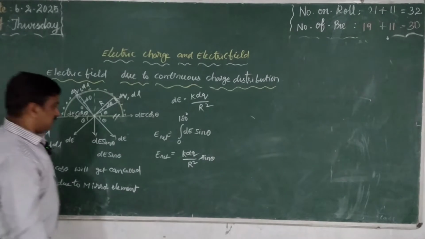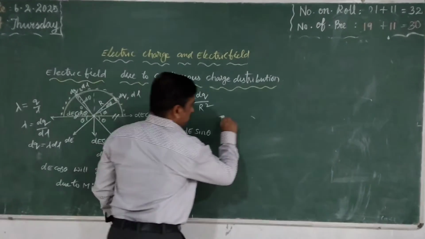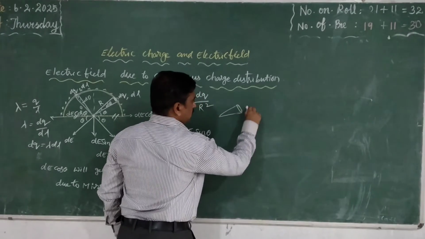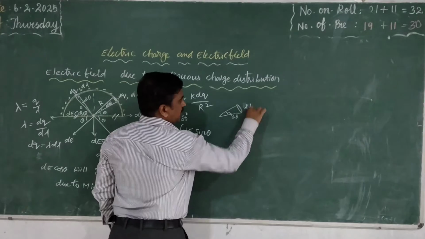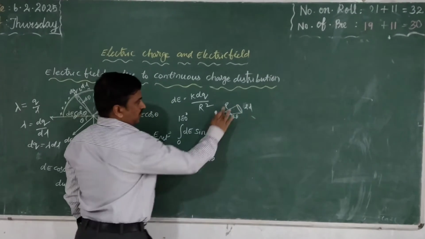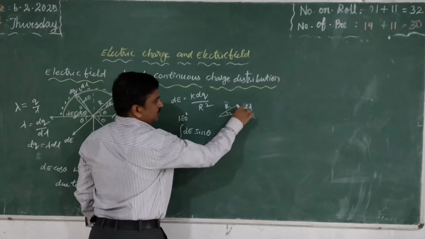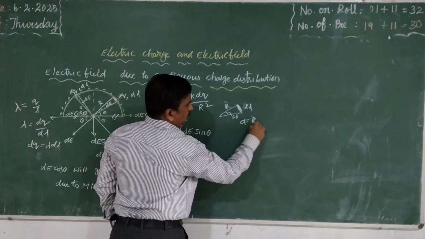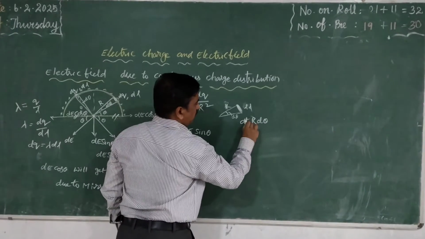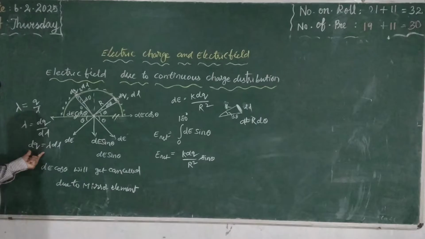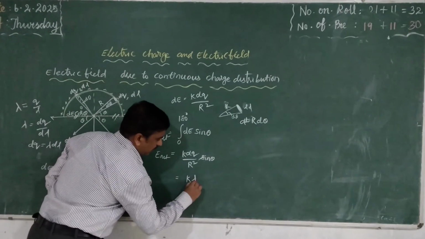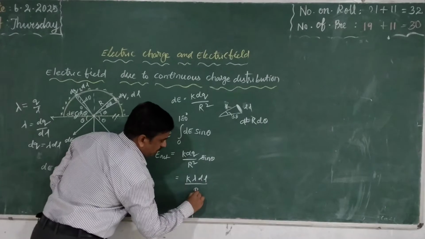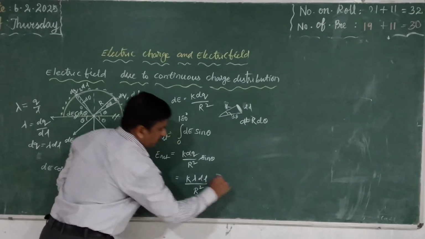See here, for example, this is the arc, this is dq, this is d theta, the length is dl, and this is the radius. The arc length dl equals r d theta. Since dq means lambda dl, I write k lambda dl by r square sin theta.